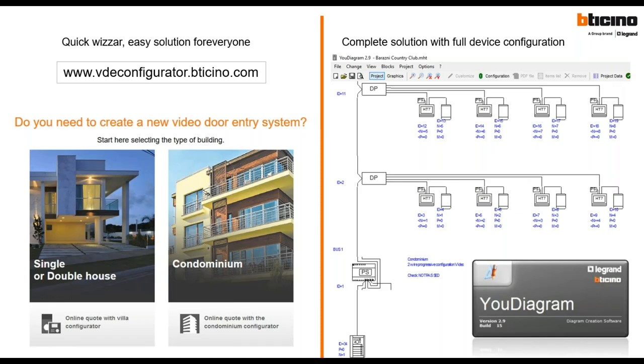So you can modify and compose even a big compound with this tool. We will do a dedicated webinar next week for the video configurator. It will be quite short, but it will show how it works.